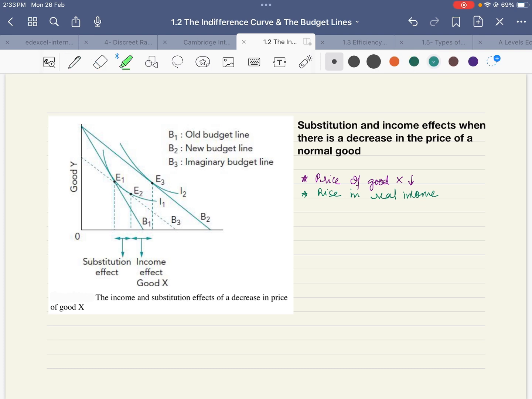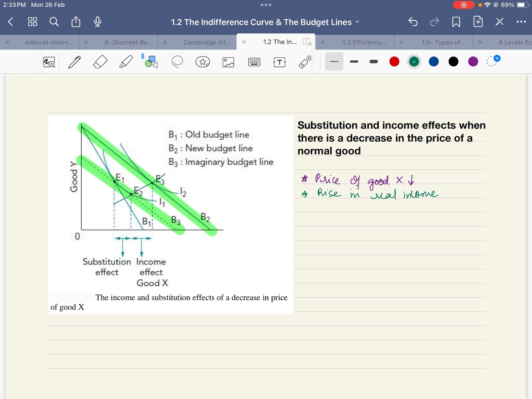We need the imaginary budget line to find out the income effect. Also, the imaginary budget line needs to be parallel to the new budget line, not the old budget line, right? So we can see what the income effect is here.